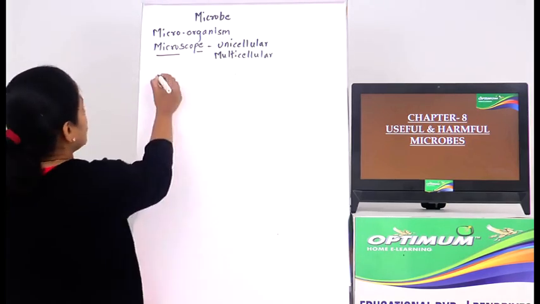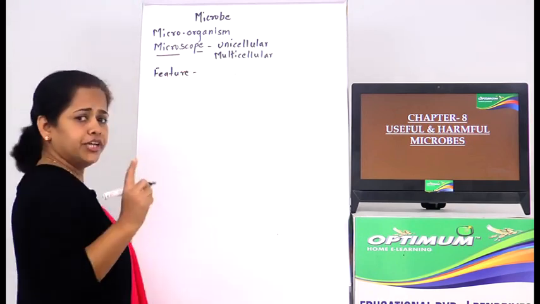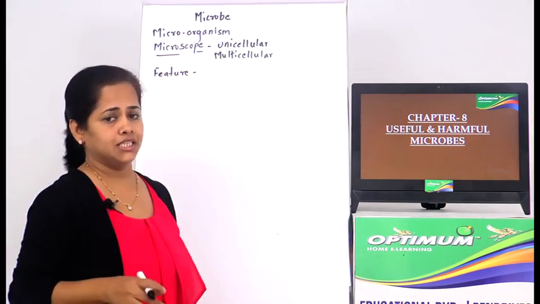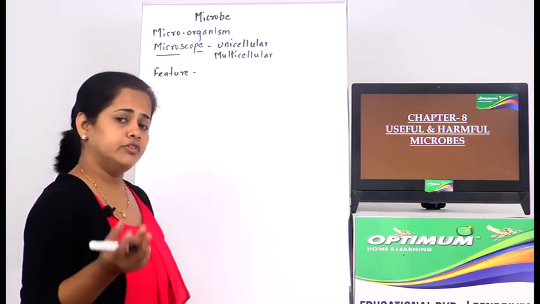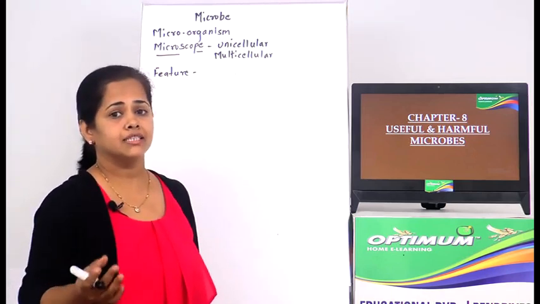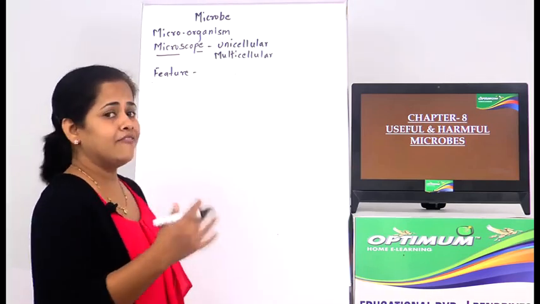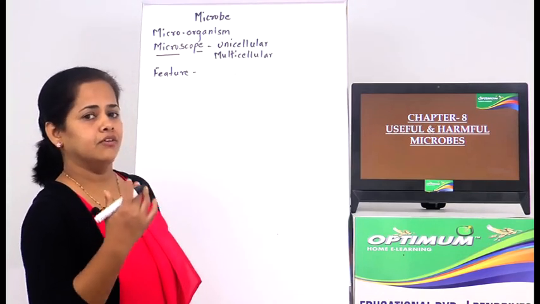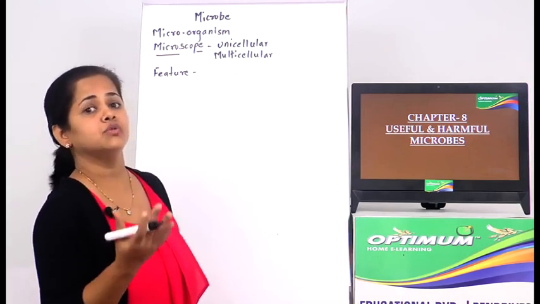If we talk about more or less how they look and what their features are, I have already told you the first feature, that they are unicellular or multicellular. Now consider a microbe which is unicellular. Then definitely it is not going to have organs like us, but it will have some special organelles within itself which help that one-celled microorganism to survive.